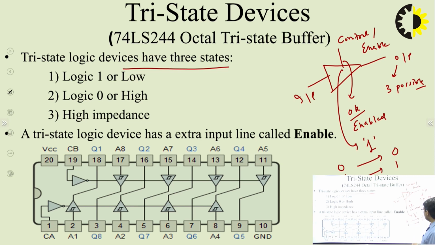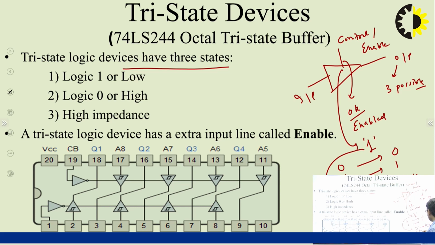But when this control logic is 0, this will be disabled. So when this device is disabled, whatever we apply at the input, x, that is don't care, either we apply 1 or 0, then the output will be a high impedance state Z. So output will be high impedance only.